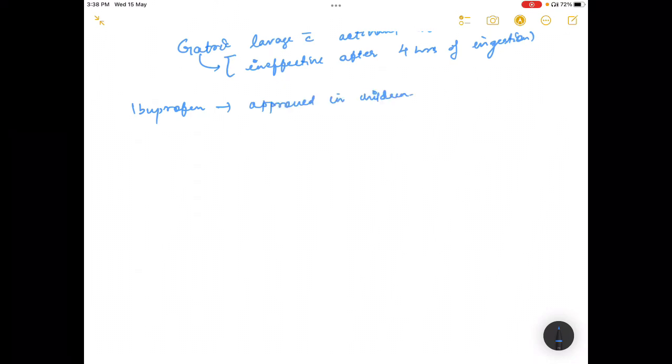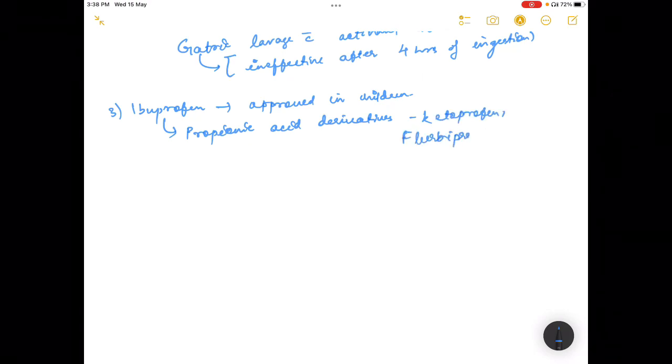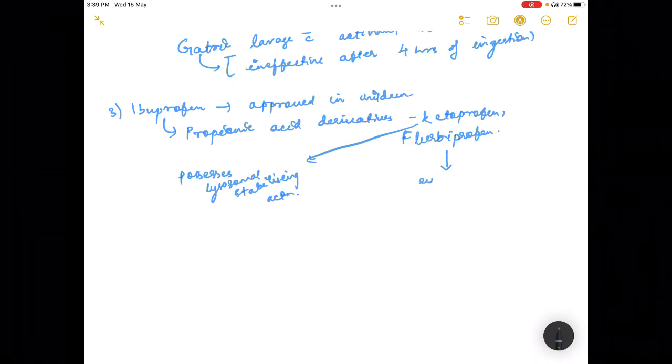Apart from this, the other propionic acid derivatives are ketoprofen and flurbiprofen. Ketoprofen possesses lysosomal stabilizing action, and flurbiprofen can be used topically as eye drops.